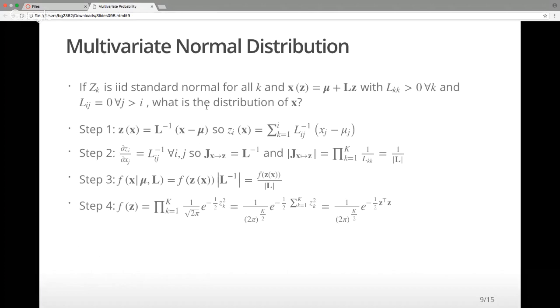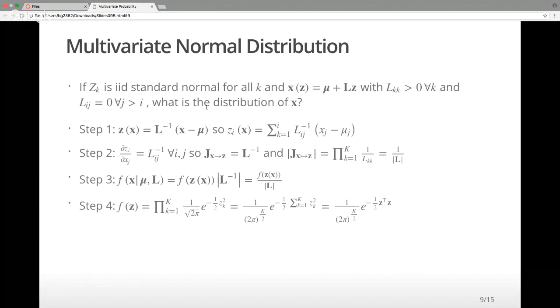So we can write this as the product from 1 to K of different PDFs, but they're all standard normal PDFs. So we have this simplification here of the normal distribution. The product of a bunch of things in the exponent of e can be written by pulling out the square root of 2 pi on the outside, and e to the negative 1/2 times the sum of squares of Z.